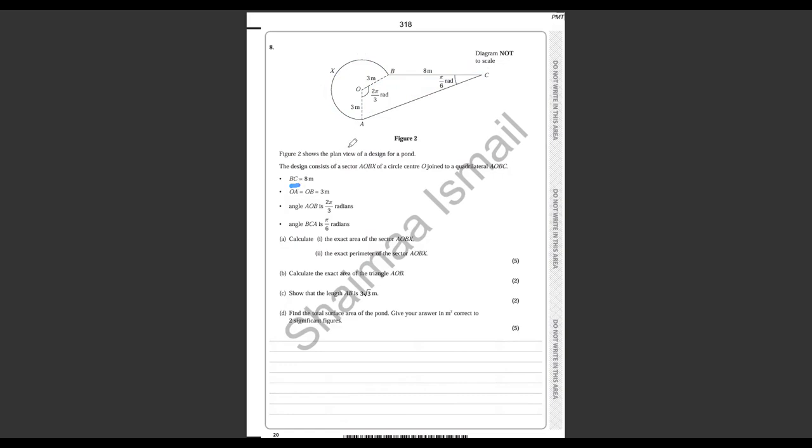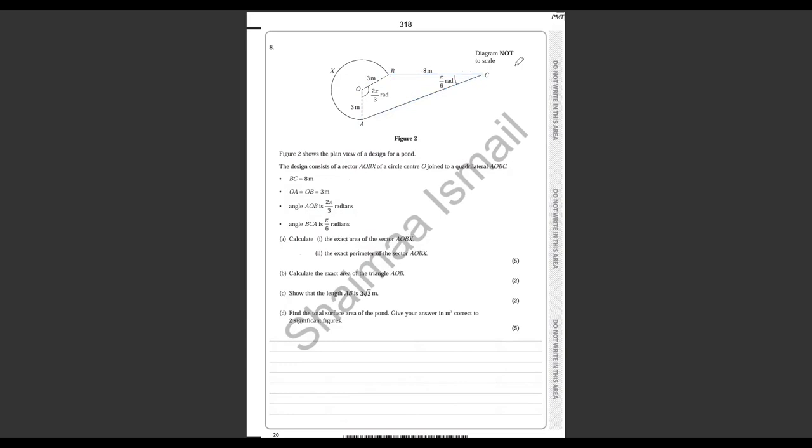He gives you BC is 8 and OA equals OB, and this is a radius. For sure they are equal, 3 meters. So the radius here equals 3 meters. Angle AOB here is 2 over 3 pi radian, and angle BAC, this angle from the quadrilateral, equals pi over 6. Calculate the exact area.